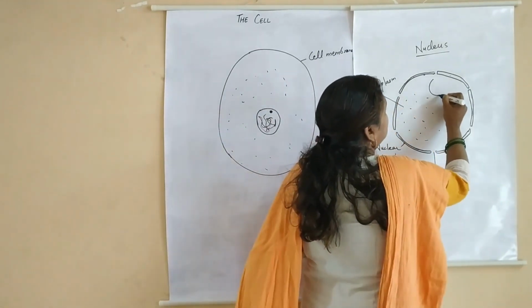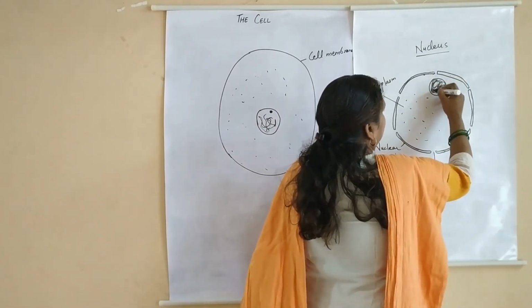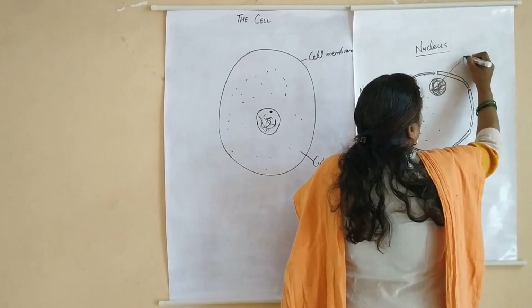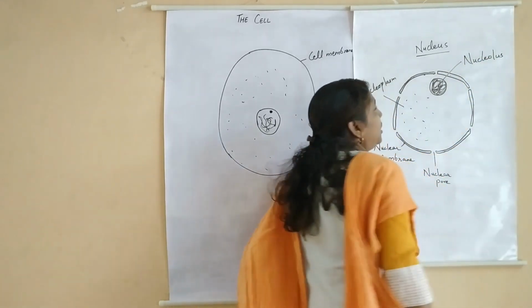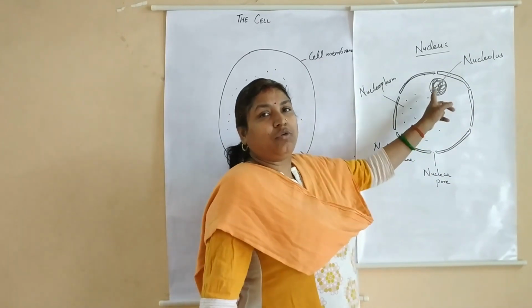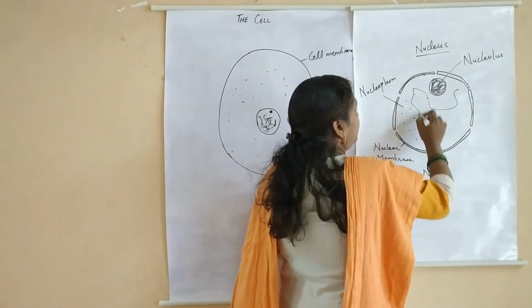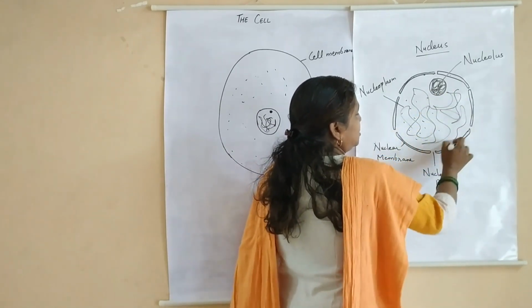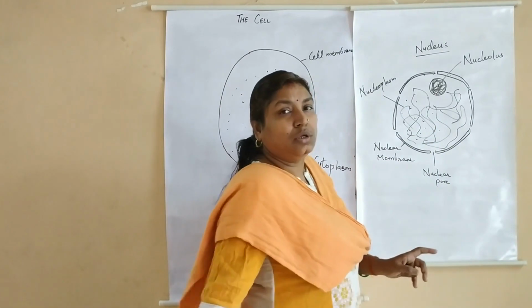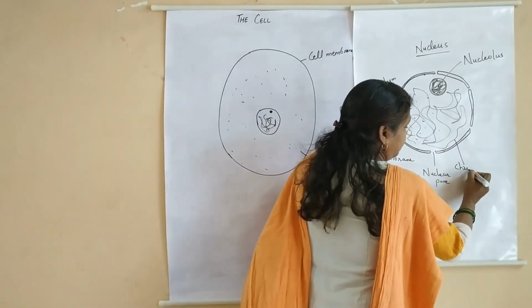Inside this nucleus, you have one oval body called the nucleolus. It is a round spherical body where proteins are synthesized. Along with that, when observed under a microscope, you will see thread-like structures dispersed throughout the nucleus. This is your chromatin material.